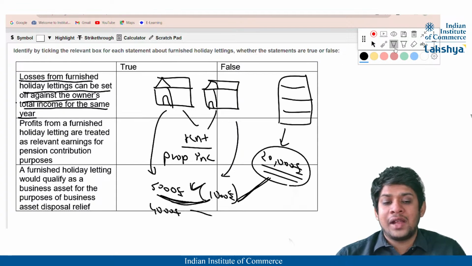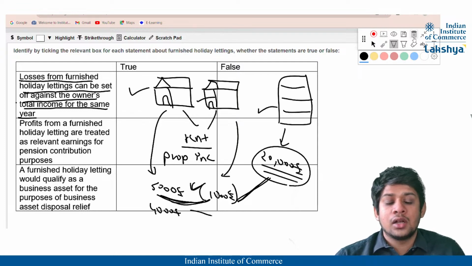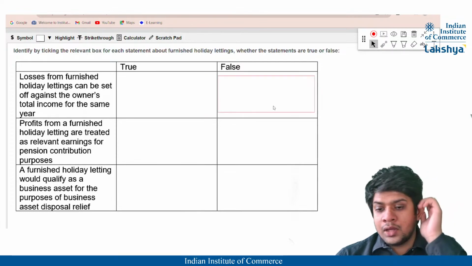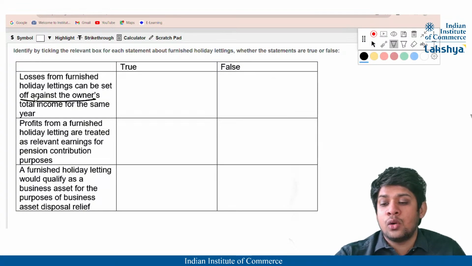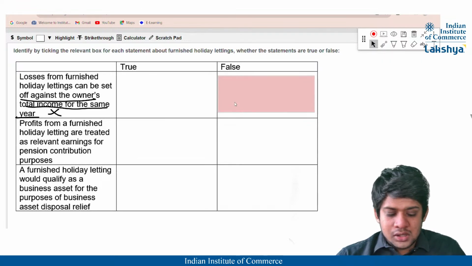Here I'm just letting out my house, but there I'm doing a business of letting out hotel rooms to customers. So that is separately treated and not aggregated with my property income. So the statement, losses from furnished holiday lettings can be set off against the owner's total income for the same year, cannot be considered, as that is to be treated separately. So this is false.